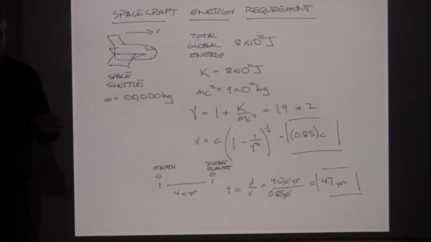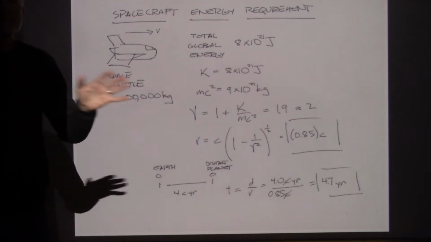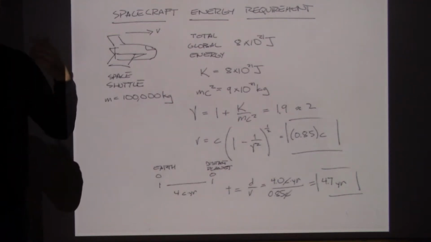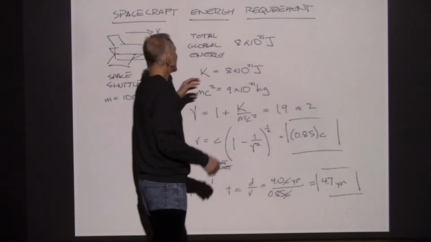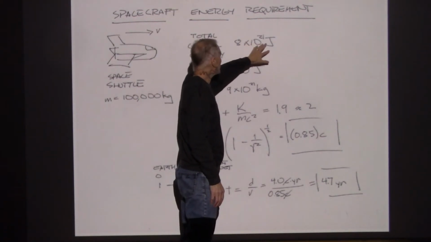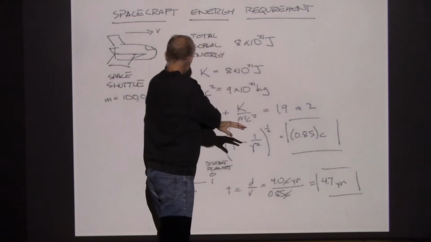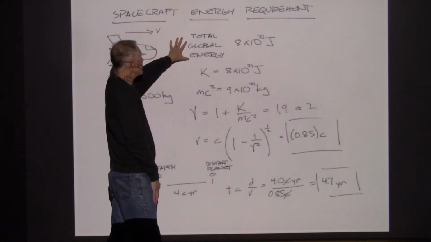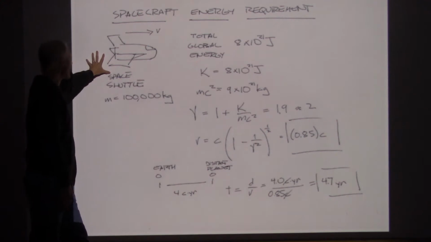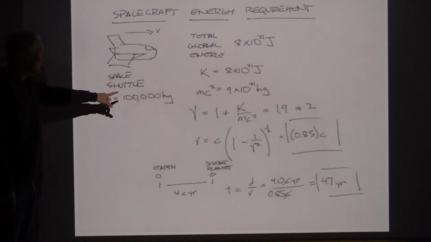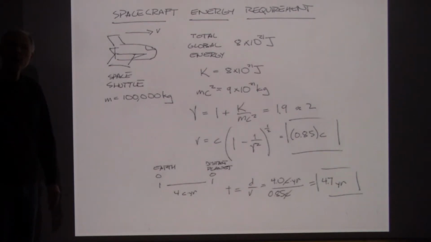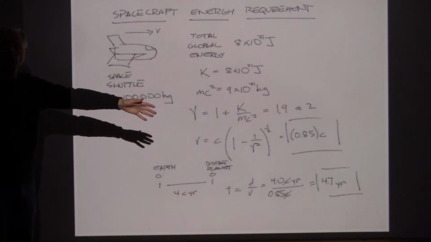All the power plants, all of the energy that we use on this planet in an entire year works out to be about 8 times 10 to the 21 joules. Let's use that entire energy output to speed up the space shuttle, a 100,000 kilogram spacecraft, and see how fast we can get it going. See if we can launch it out to some distant star.